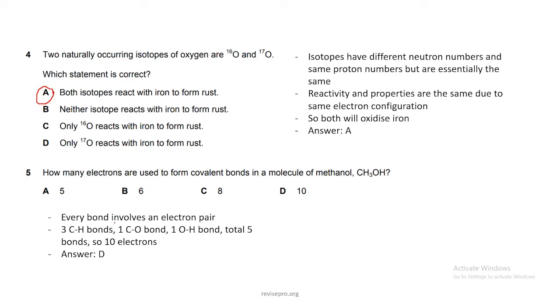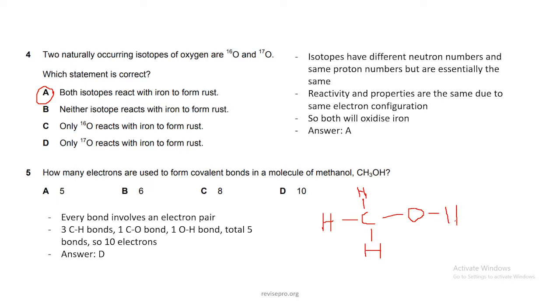How many electrons are used to form covalent bonds in a molecule of ethanol? I'm going to just start drawing a molecule of ethanol here. CH3 bonded to oxygen and bonded to hydrogen.